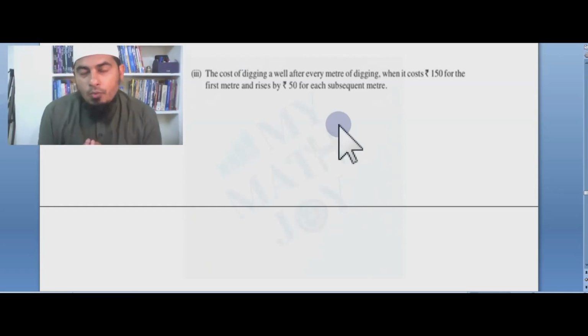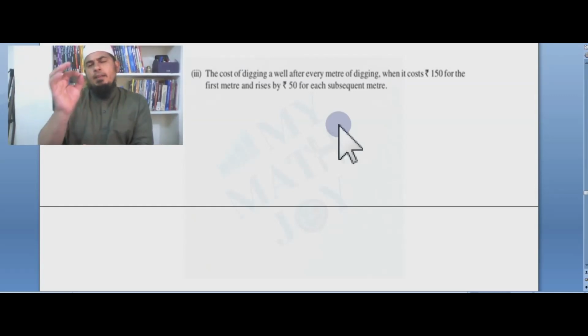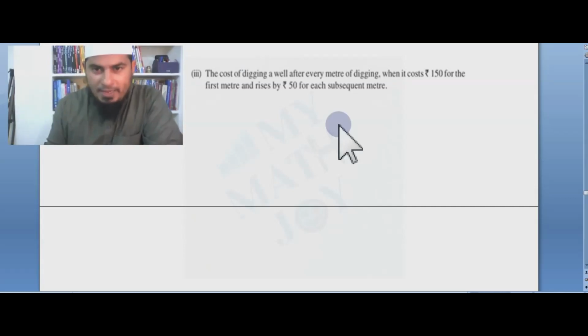In a similar fashion, this is firstly rupees 150 for the first meter. As we go deeper and deeper, 50 rupees is extra and extra. So this situation exactly will be the same. It will be in AP.